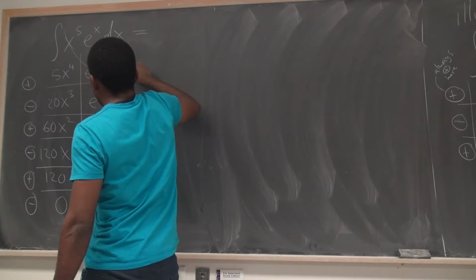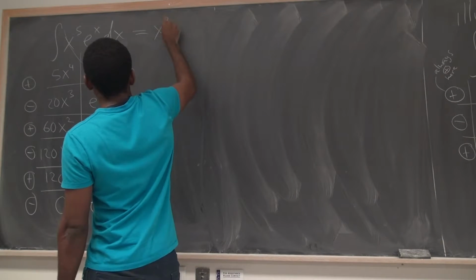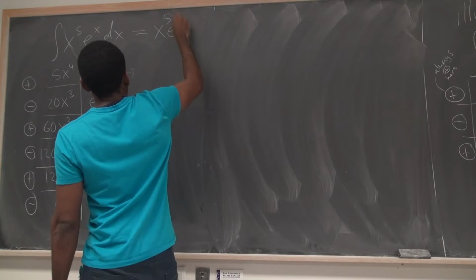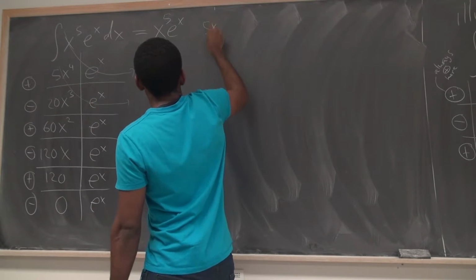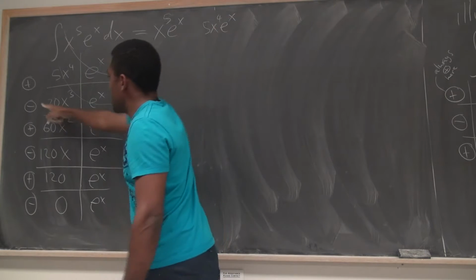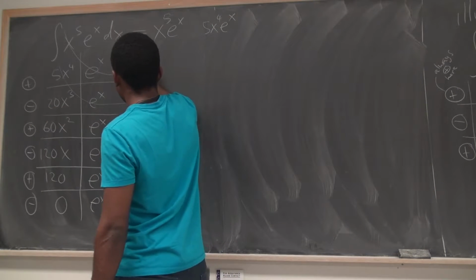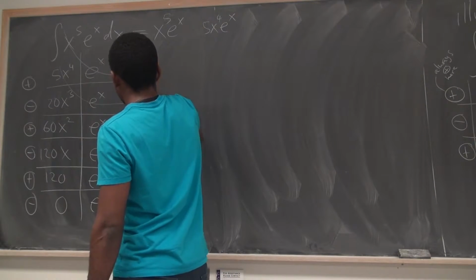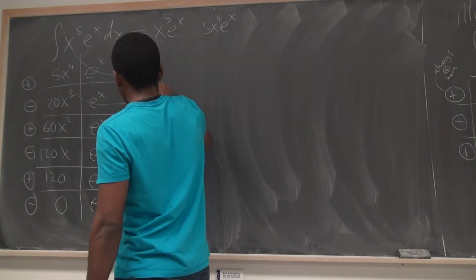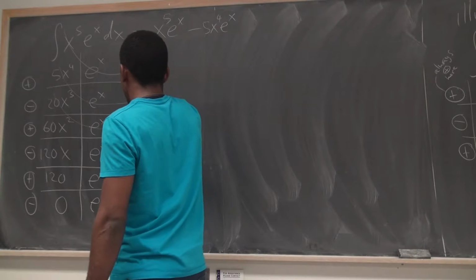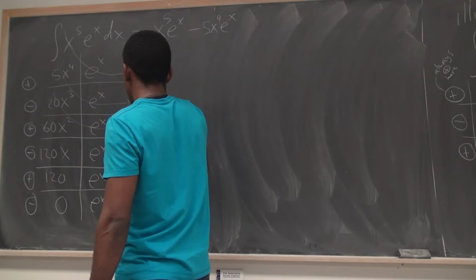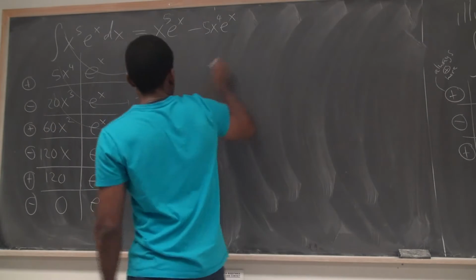So x to the 5th, e to the x. Five x to the 4th, e to the x. This gets a minus sign though, so this is x to the 5th, e to the x, minus 5x to the 4th, e to the x. That's a minus. Here, I get a 20x cubed, e to the x. That's a plus.